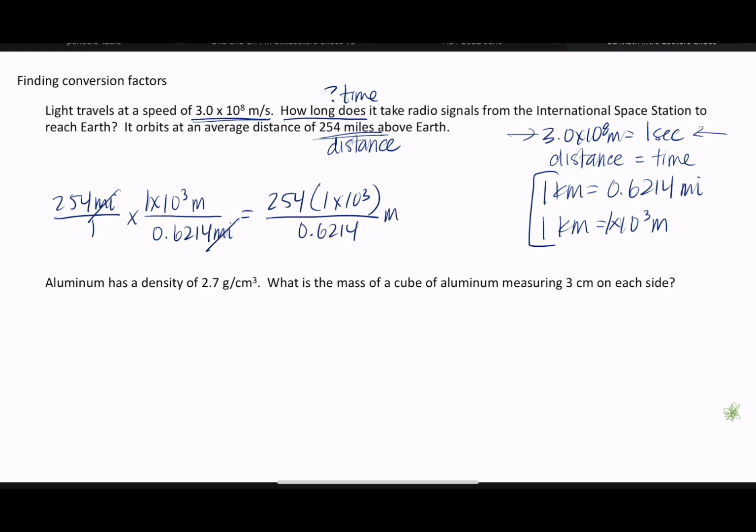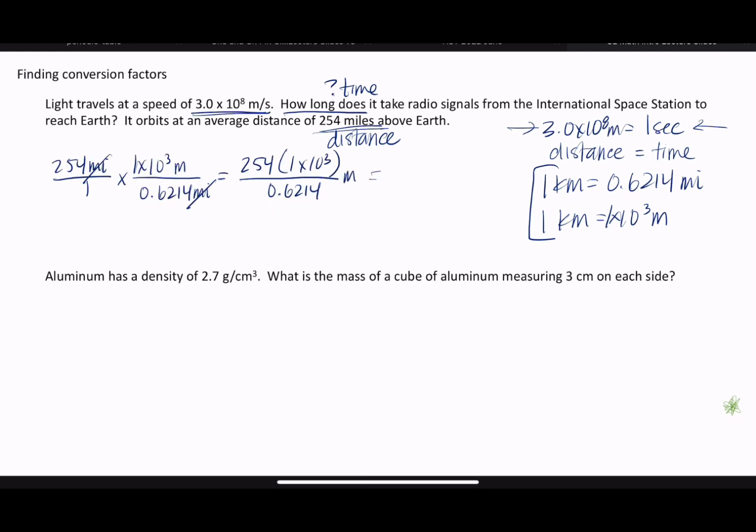So if we go ahead and get an answer here, this equals 408754 meters. So if we bring that down here, 408754 meters.